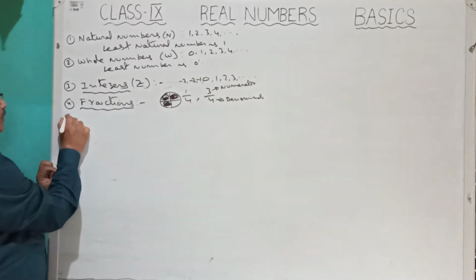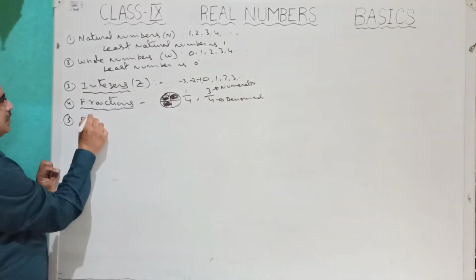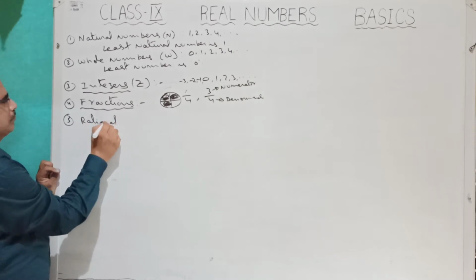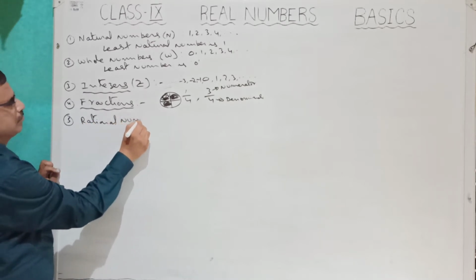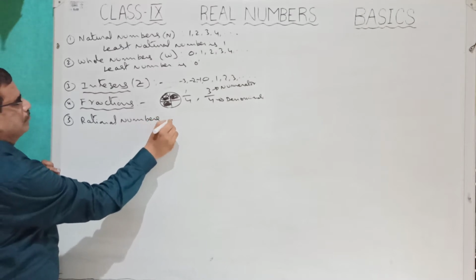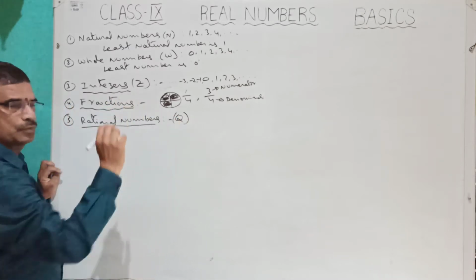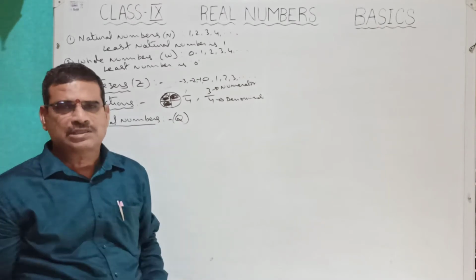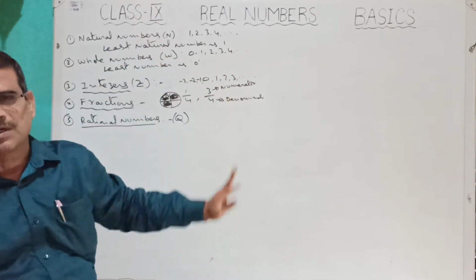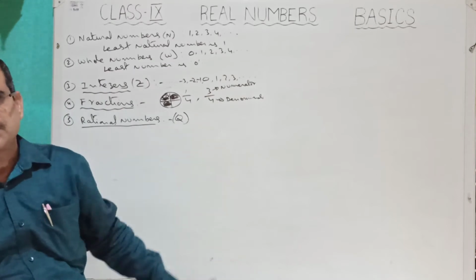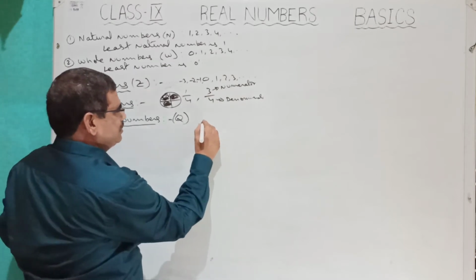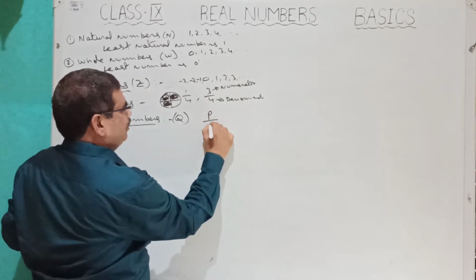So fifth one, rational numbers. It is denoted by the letter Q. What is a rational number? These all are called rational numbers, I told. But the definition is, a rational number is in the form of p by q.